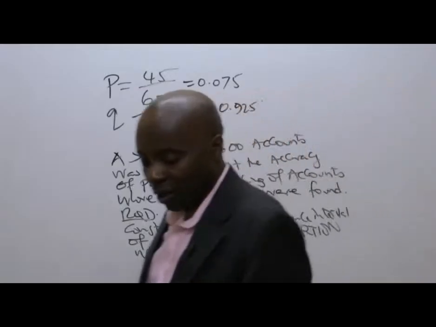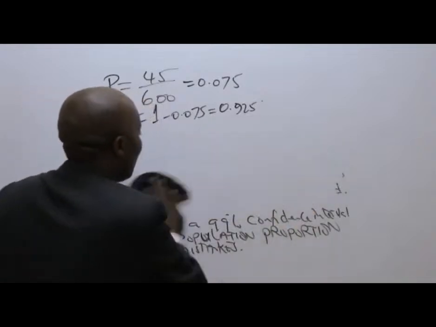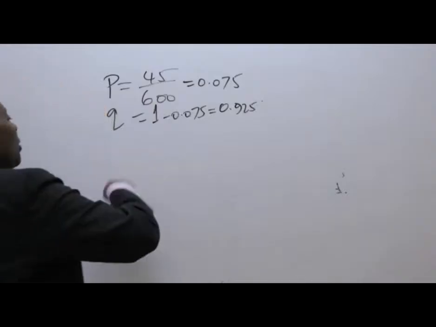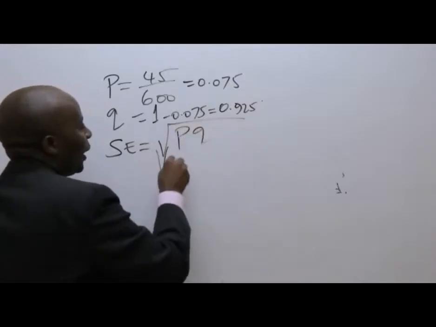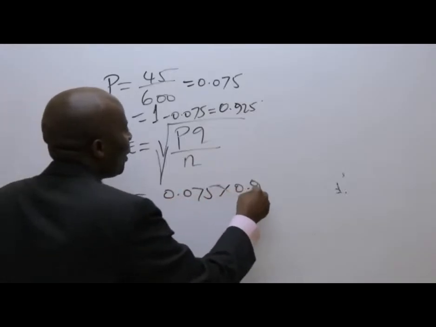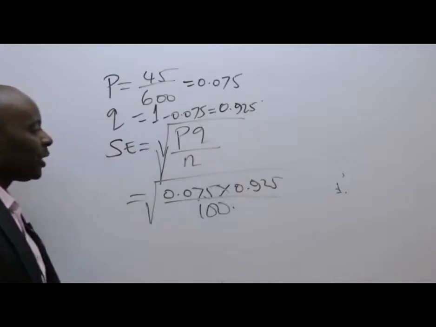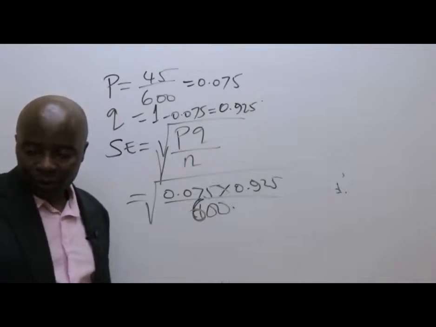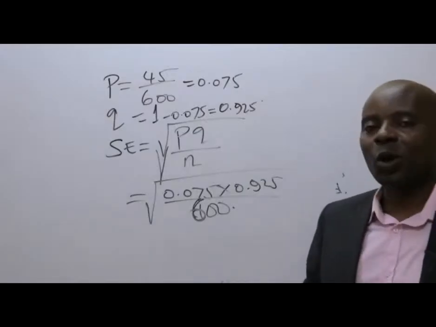In the case of proportions, our standard error will be obtained by multiplying the two, 0.075 times 0.925, and whatever we get, we divide by N. We sampled 600 accounts, so our N is 600.